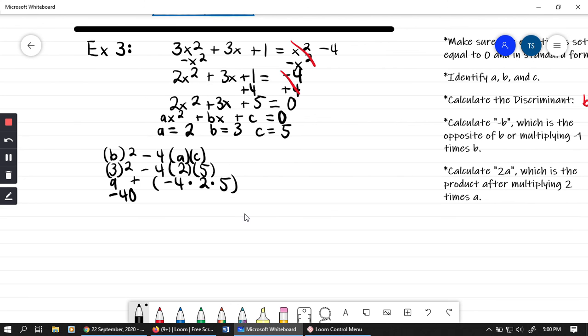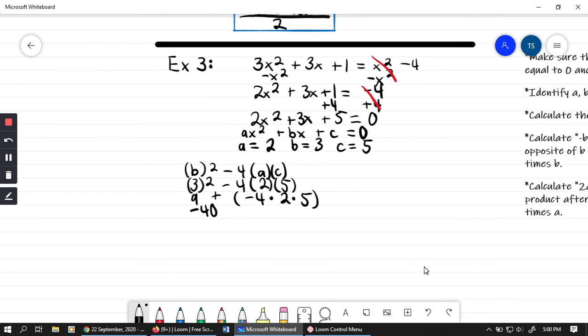So here the discriminant winds up being -40.